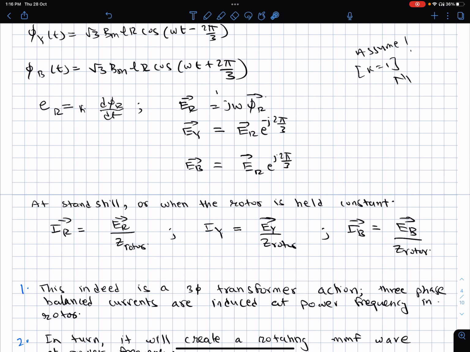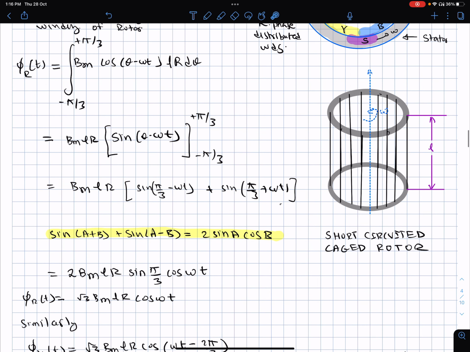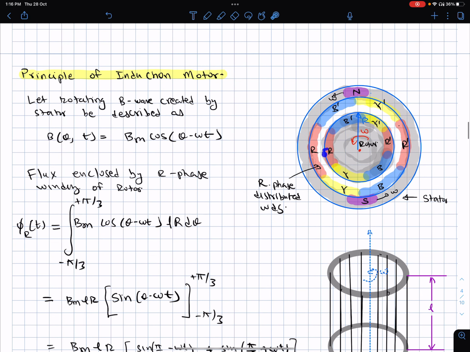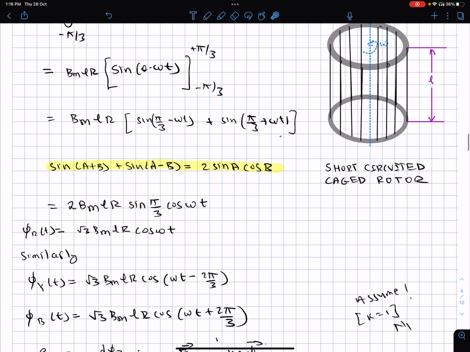Now, what is the consequence of this induced EMF? My rotor, caged rotor, is a short circuit. All the copper bars here are short circuited. Here all the windings are short circuited.